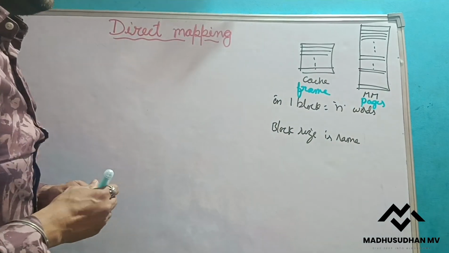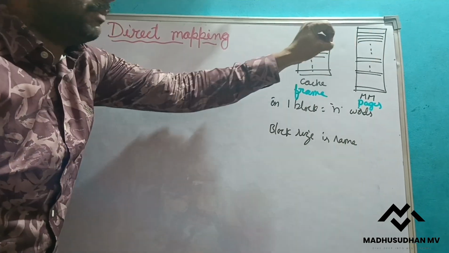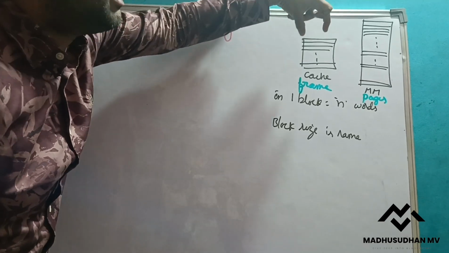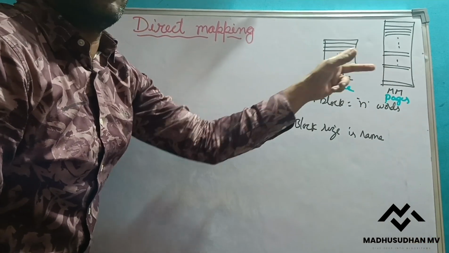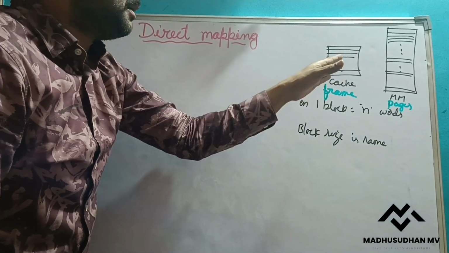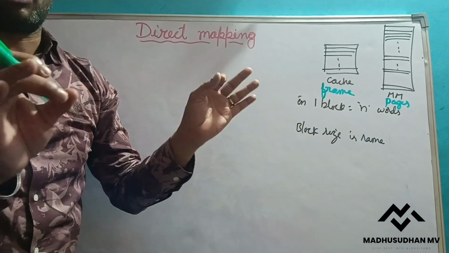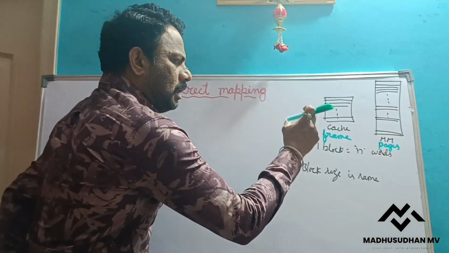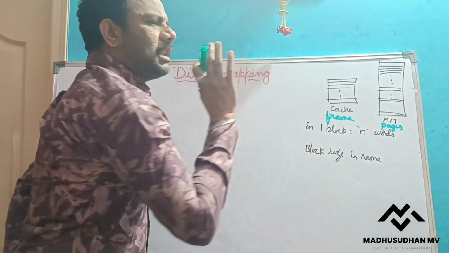The point is, whenever you bring a page, that is one block, it should be able to fit in that frame. Hence, the size of the blocks of main memory and cache should be the same. That means frame and page size should be the same. But now I am using the word blocks only. Each block contains some n number of words.